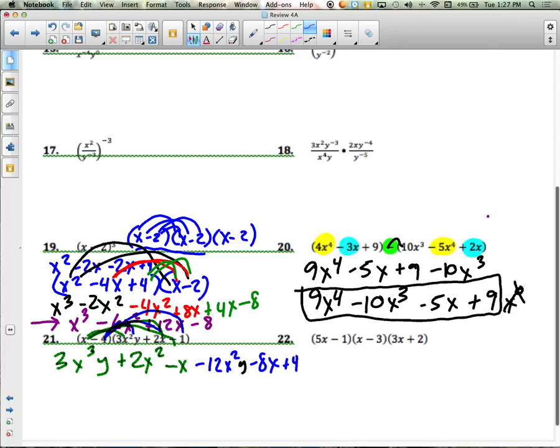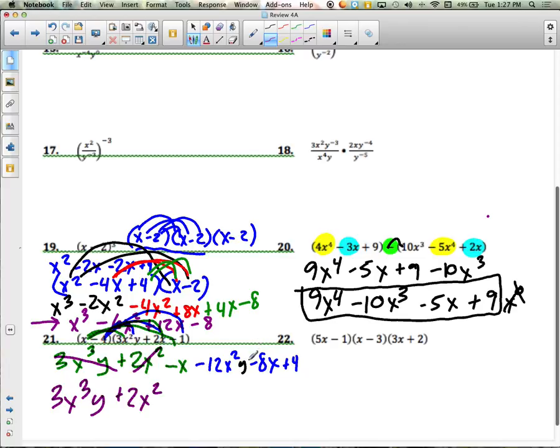And then after you've distributed, look for your like terms. So I've got this 3x cubed y. There's no other x cubed y, so that's 3x cubed y. I have an x squared, but it has no y, so this doesn't have a like term. So plus 2x squared.